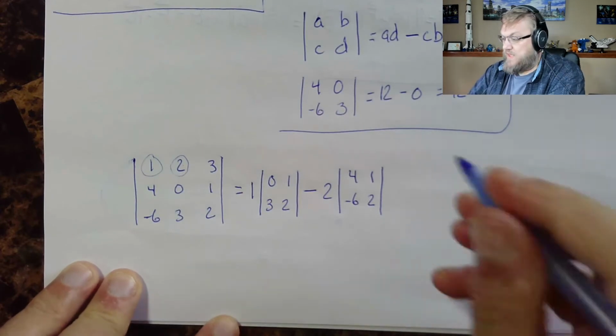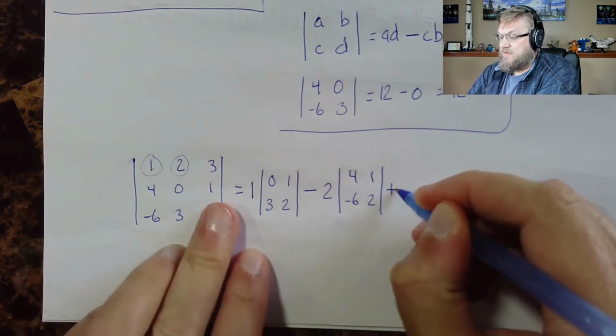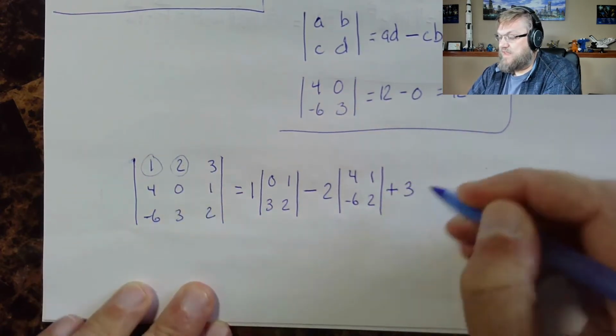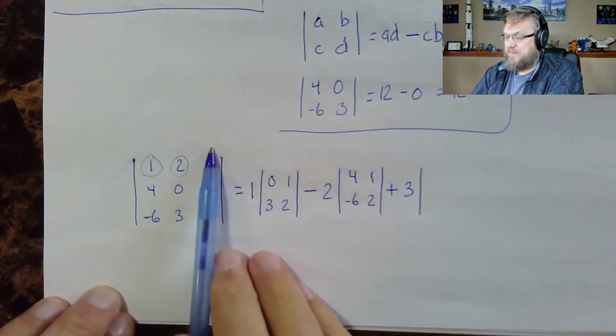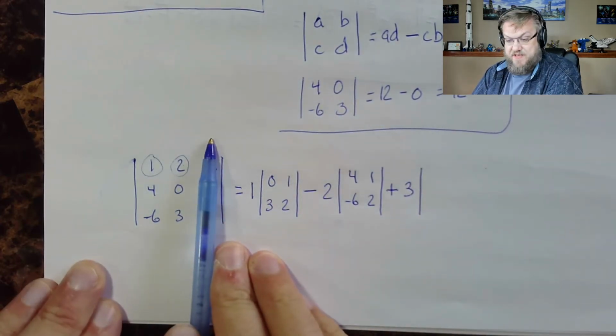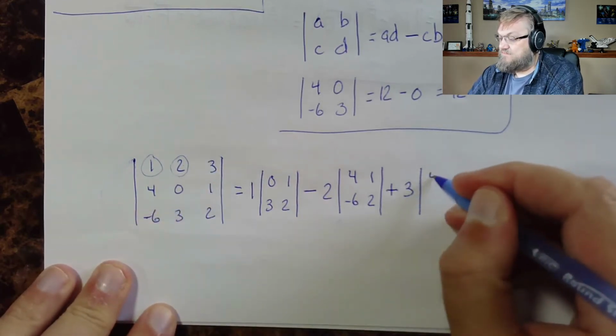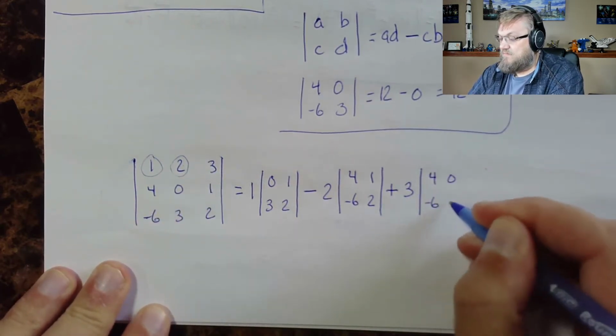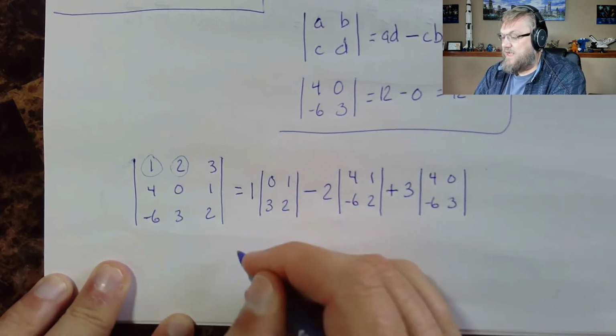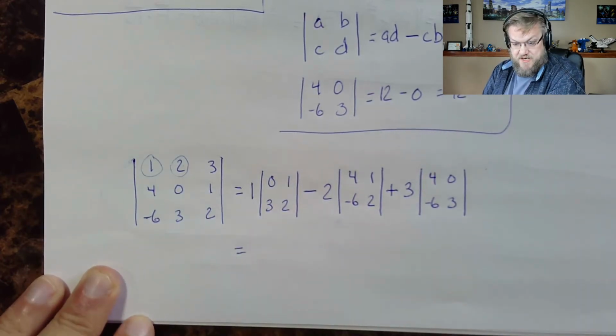Okay. Then plus 3 times what 2 by 2? Hide the column 3 is in, and I get 4, 0, negative 6, 3. Now go ahead and just do those 3 2 by 2s.